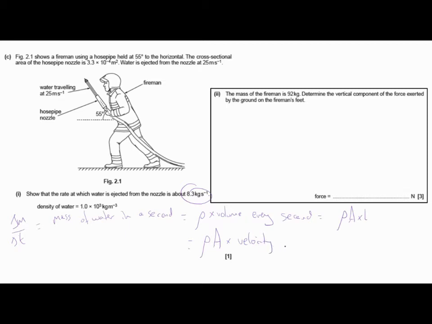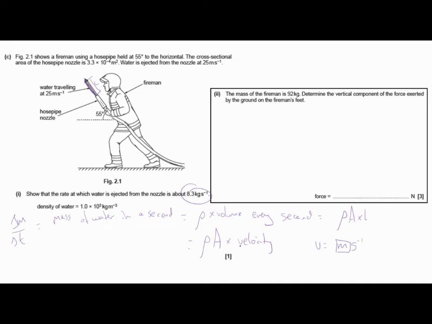Why are these things equivalent? Well, what is velocity? Velocity is obviously meters per second. So that is effectively the amount of water that comes out in 1 second, which obviously is going to be equal to the length. So these two things are equivalent.